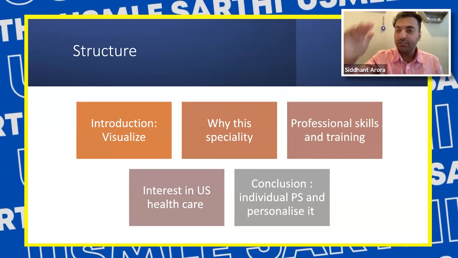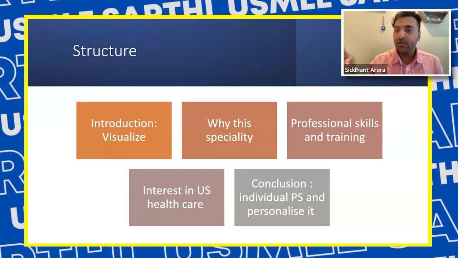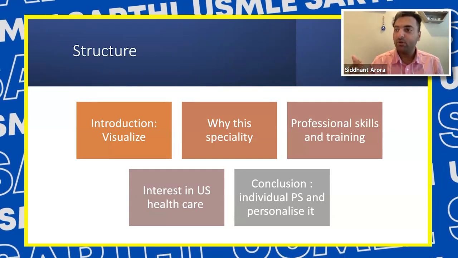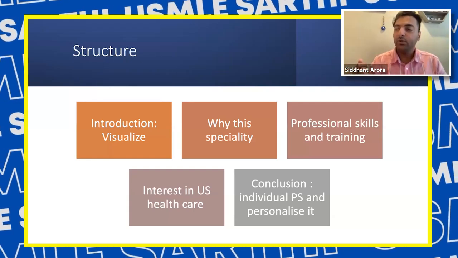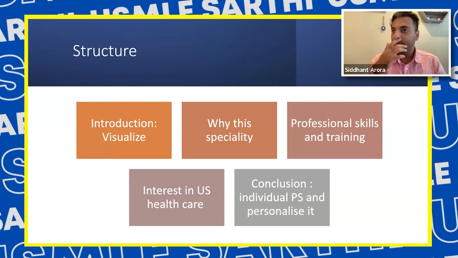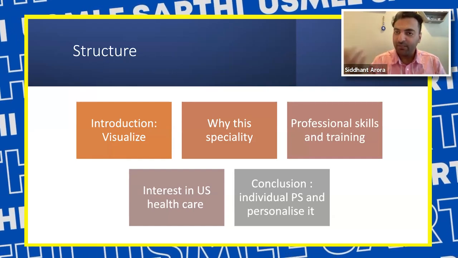The rest is generic stuff for everyone that has to be there. But why these places? Let's say New York, for example, or Boston. You went there, you did 3 rotations there, you have mentors over there, you are submitting a paper with them. You have family and friends over here.